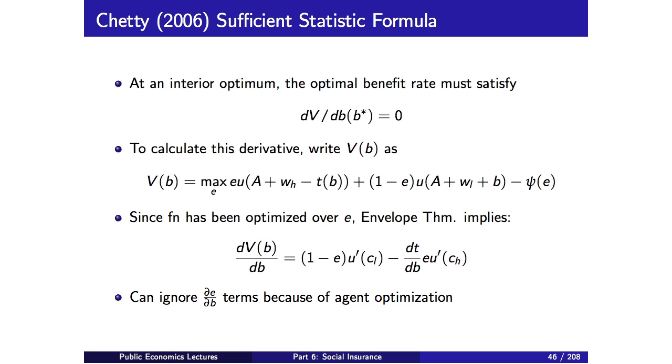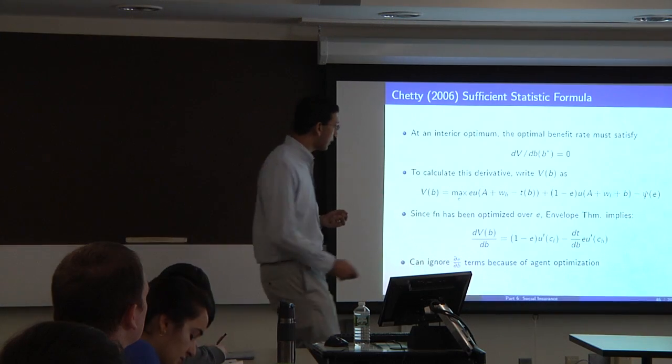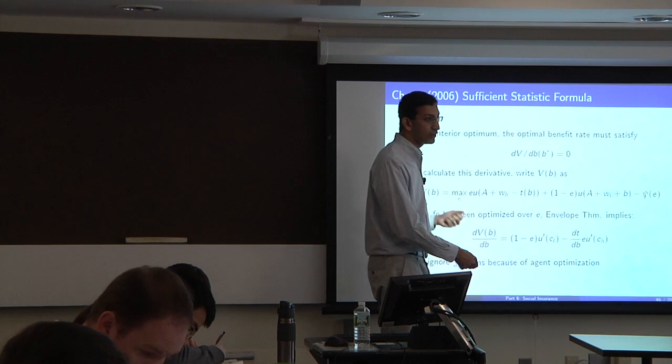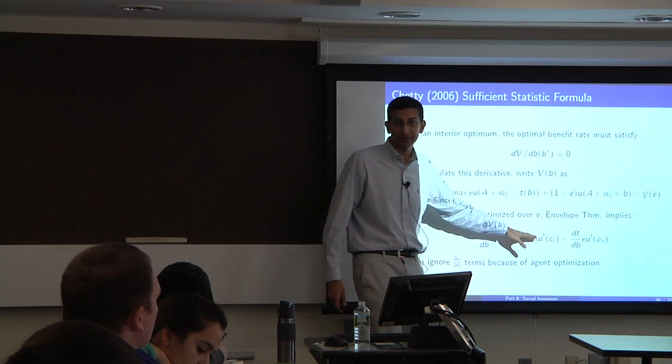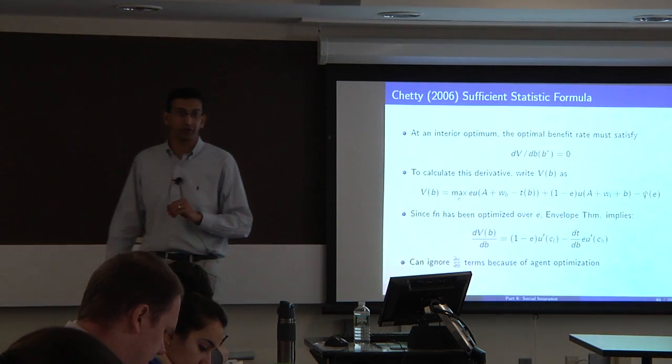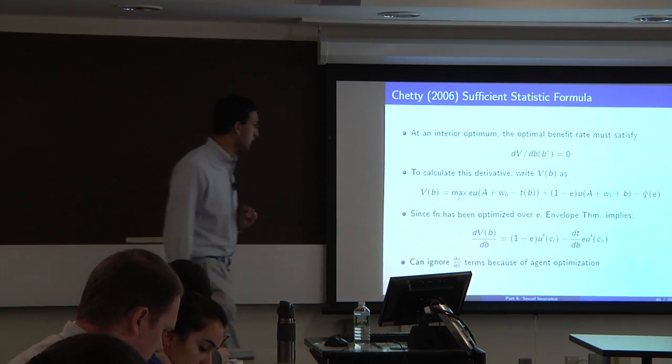I have to take extra tax revenue away from you in the high state, dt/dB, in order to finance that dollar of benefits. I weight that by the amount of time you're in the high state and the marginal utility of consumption in the high state. Okay, so it makes perfect sense that this is the type of expression you'd get for the marginal value of changing the benefit by $1.